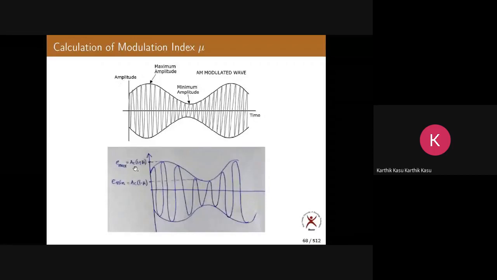So we have two amplitude values, A_C into (1 + mu) here and A_C into (1 - mu) here, and on the negative side we also have amplitudes just like the positive ones. Is it okay, all of you?